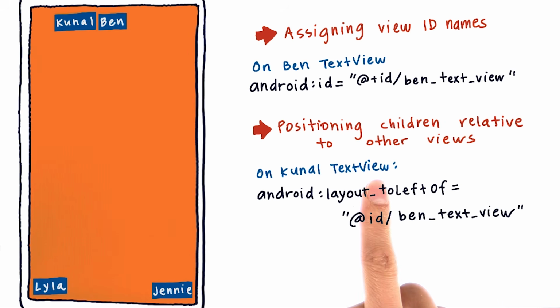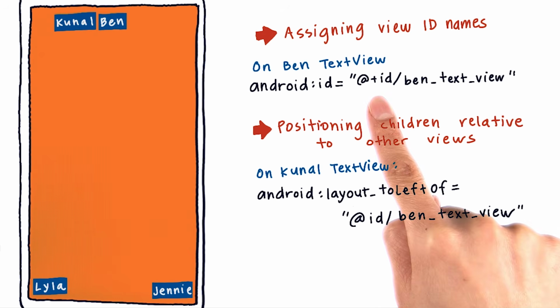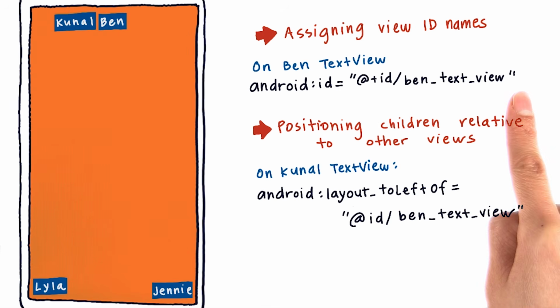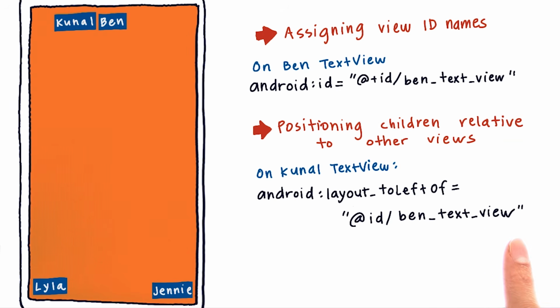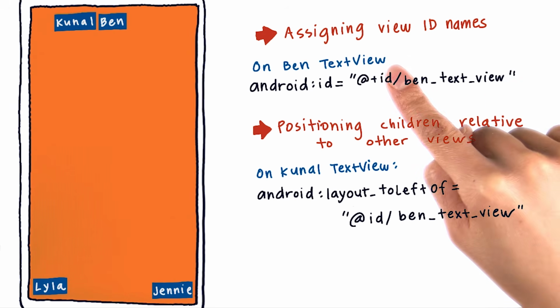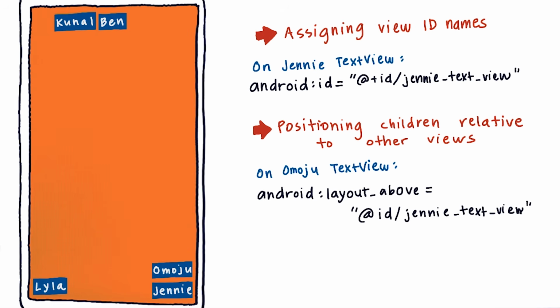So on the Kunal text view, we can add the attribute layout_toLeftOf, and we can say it's to the left of the Ben text view. We refer to the ID for the Ben text view using @id. We don't need to use the plus symbol because we've already defined that ID. This is the second time we're using the ID. When you come up with view ID names, make sure that they're all unique names. Usually picking something related to the content inside of it is helpful. Okay, cool. So that's how you position Kunal to the left of Ben.